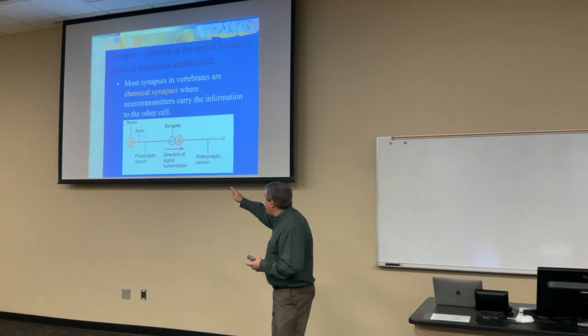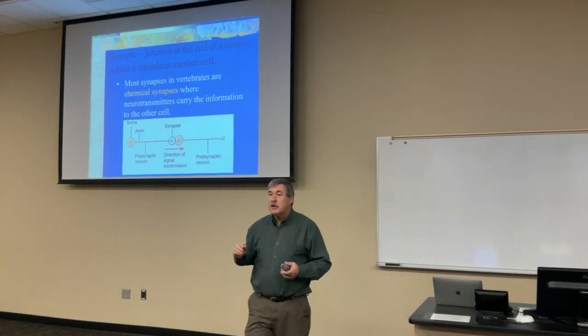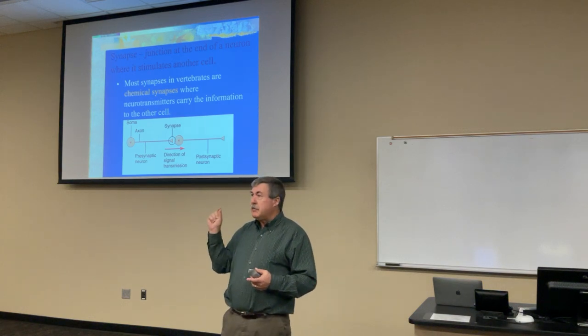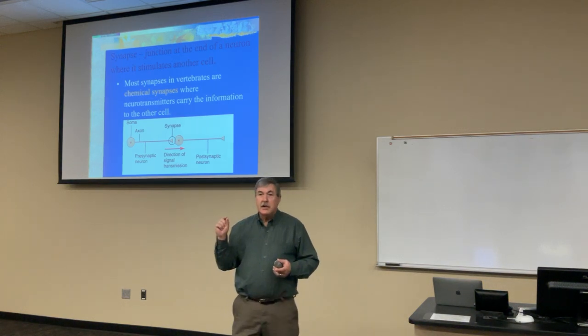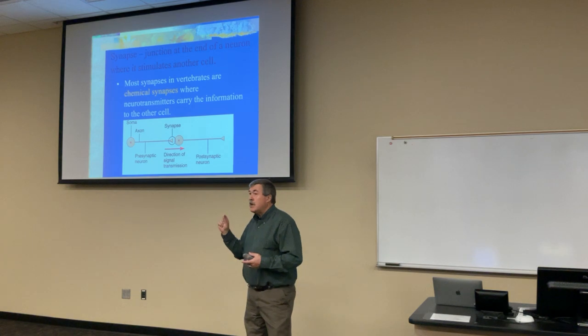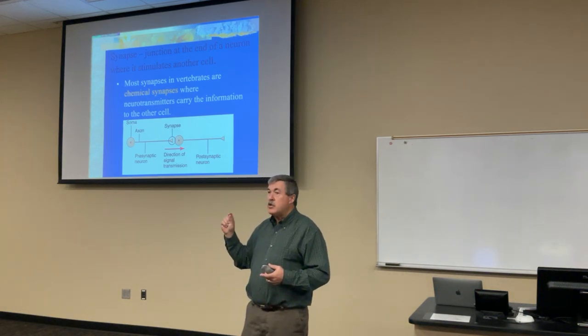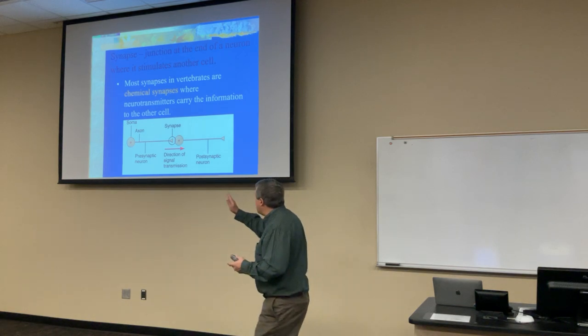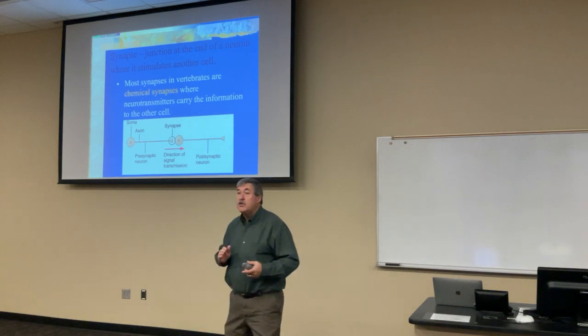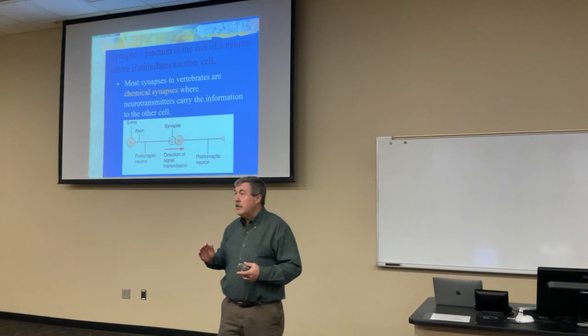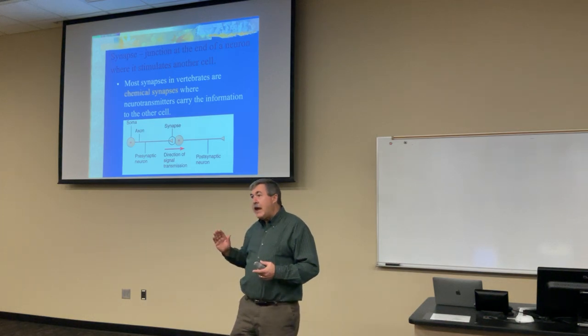This neurotransmitter diffuses across that gap between the two cells. In a chemical synapse, the two cells do not actually touch each other. There's actually a very short gap. And so the neurotransmitters have to diffuse across that gap, which creates a slight delay.